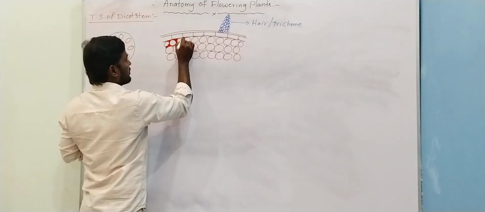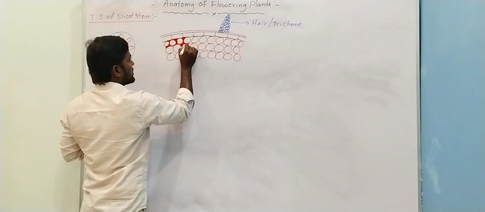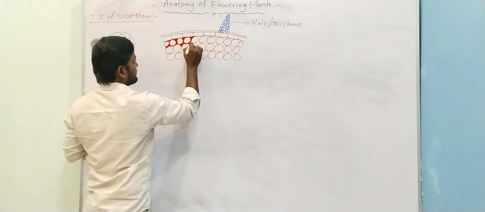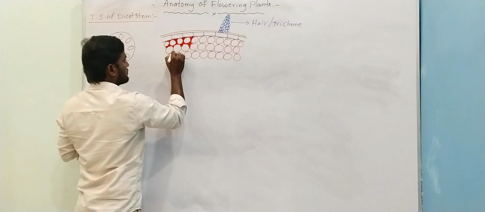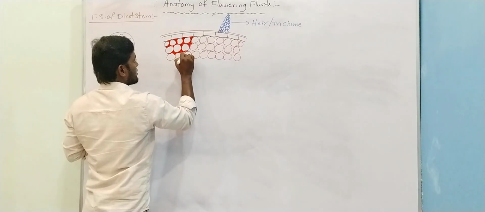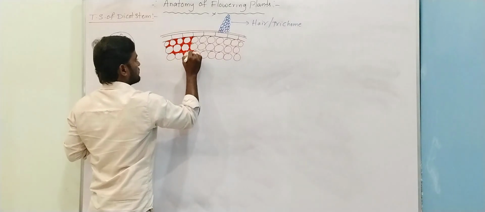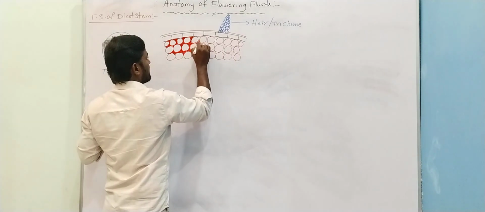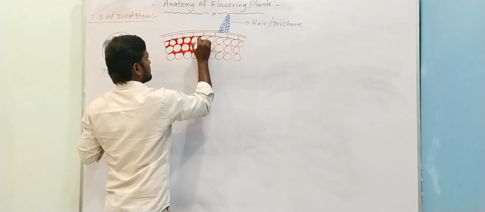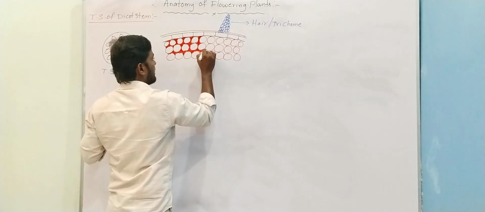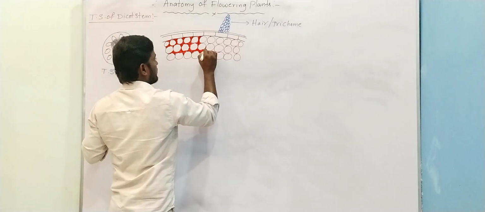Due to the presence of the pectin material, the intercellular spaces are absent. So these cells are called collenchymatous hypodermis cells.